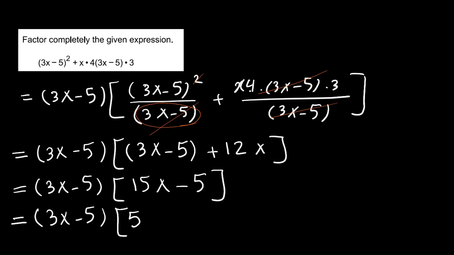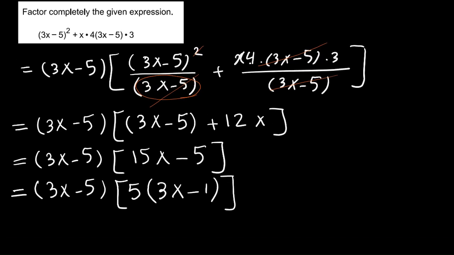It means that I'm going to divide each term by 5. 15x divided by 5 is 3x. Negative 5 divided by the common factor, which is 5, is negative 1.